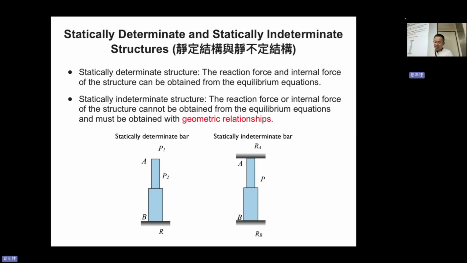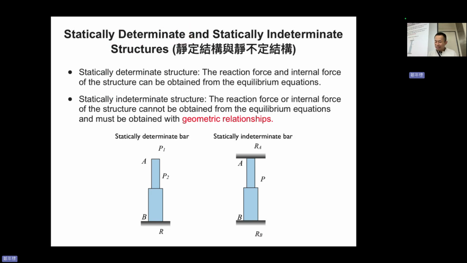Statically determinate and statically indeterminate structure. What does that mean? In Chinese, 静定静不定. Well, it doesn't mean anything. But English is kind of understandable, which means that in the statical force diagram, you can determine what you want to determine.